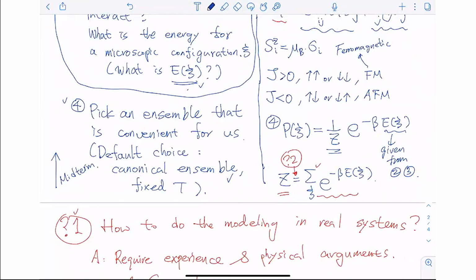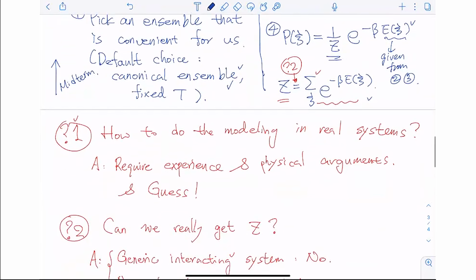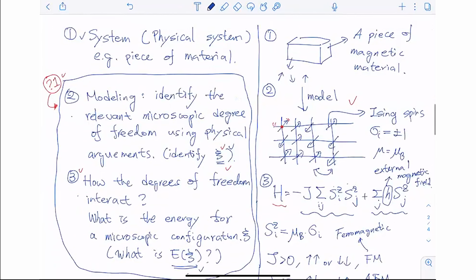For example, in the canonical ensemble, it will tell us the probability is proportional to the Boltzmann factor, and it will also tell us the important object, which is the partition function.